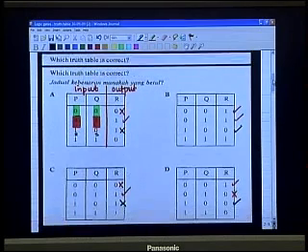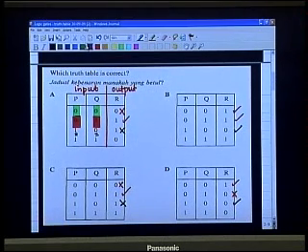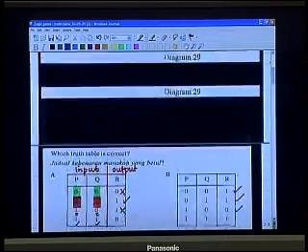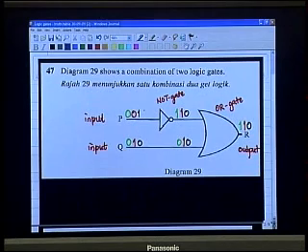Alright. Now, the final one. The final one is, okay, I choose blue color. Alright? This is 1, 1. Input for P is 1. Input for Q is also 1. Alright? 1 going through the NOT gate, it becomes 0. Alright? 1, I put 1 here. So 0, 1 going through an OR gate, it becomes 1.